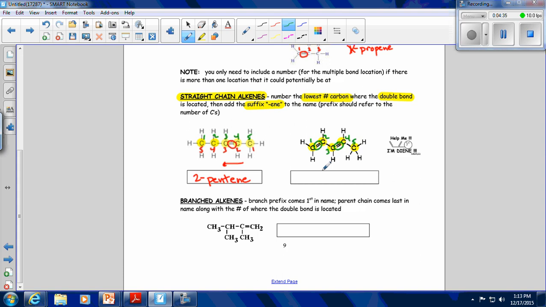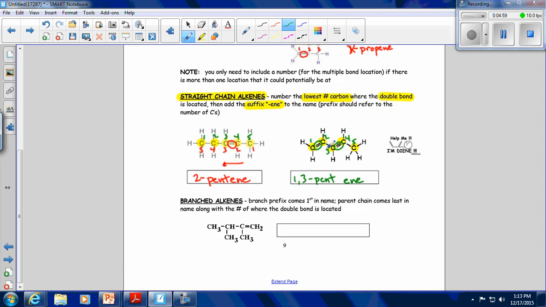So if we're going to go ahead and identify what type of compound this is, we're going to start with numbering where the double bonds are, 1 and 3. We're going to go to the pent, because we know we're dealing with 5 carbons. And we're going to finish off the end of this with ENE. Now, something that's different.